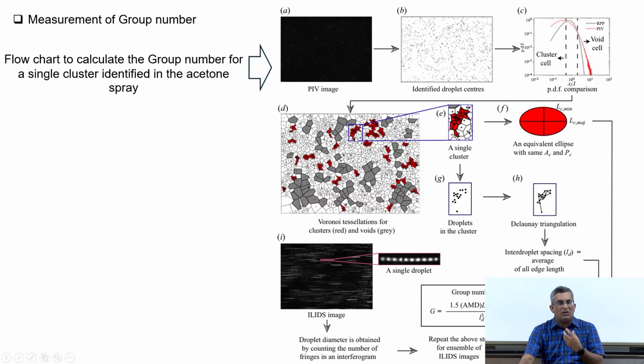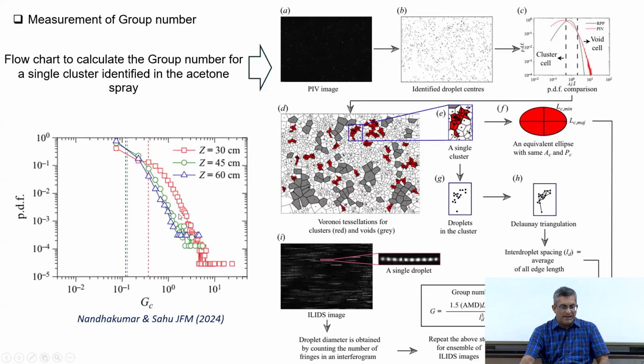Here we do not have information about the size of the particles in individual clusters, because we are using another technique to measure the size. We do not use the Voronoi technique to measure size. The Voronoi technique is only based on the particle position, not size. Anyway, we can estimate group number like this.